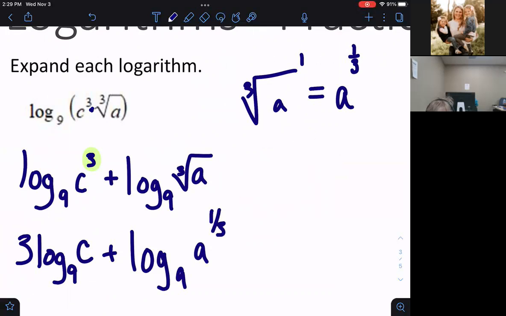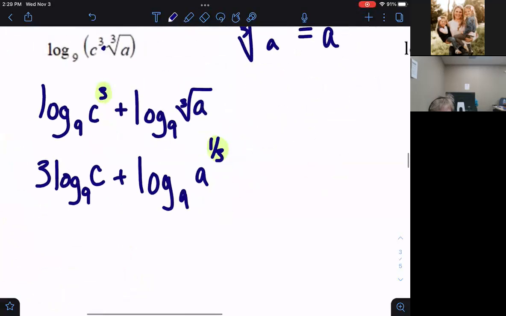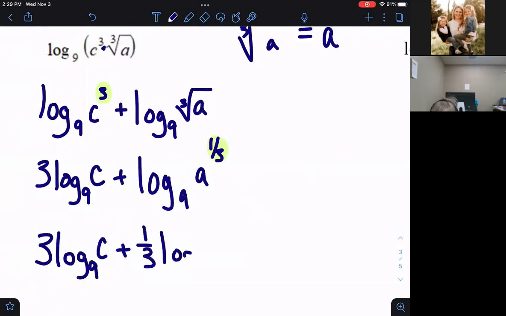Well, now it's easier to see that we have another exponent that we need to deal with. So now we need to take that 1/3 power and it's going to move down in front of that second log. So 3 log base 9 of c plus 1/3 log base 9 of a.